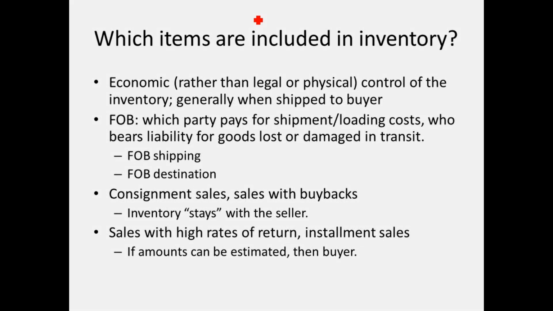So there are two terms: FOB shipping and FOB destination. Anyone know what FOB stands for? Sometimes you'll see free on board or freight on board. It means it's in the process of being on board something. That would be in the old days when there's a vehicle transporting it.